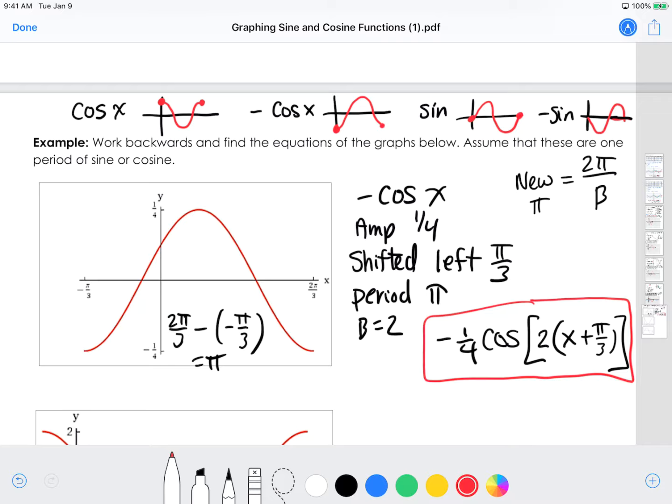Now you can always go into your calculator and check it by putting in the appropriate scales. You would put in your equation, then your x min is negative pi over 3, and your x max is 2 pi over 3. You would put in your y max as 1/4, and your y min is negative 1/4. And you graph it, and you make sure that you get the same picture.